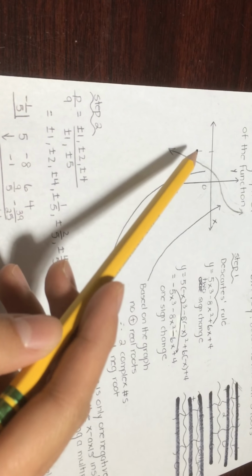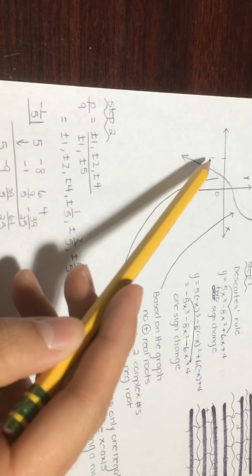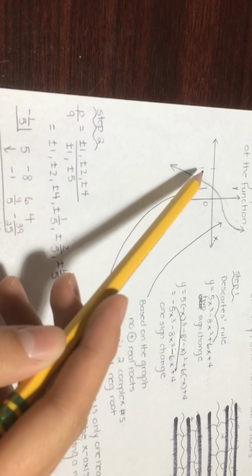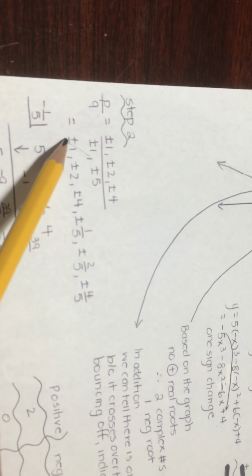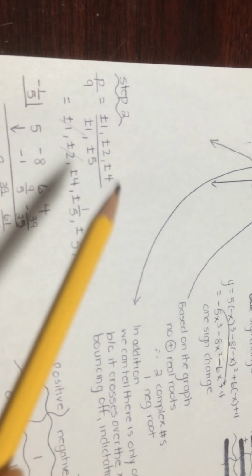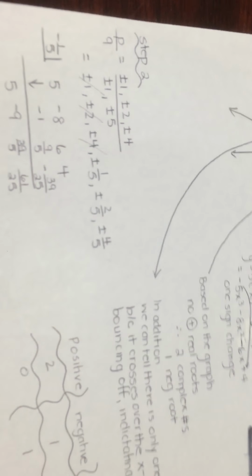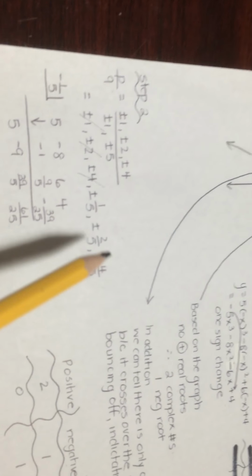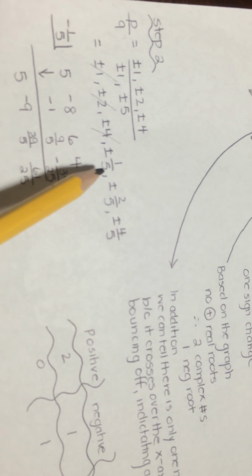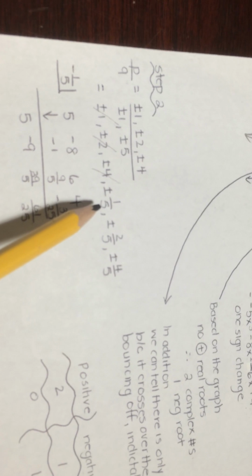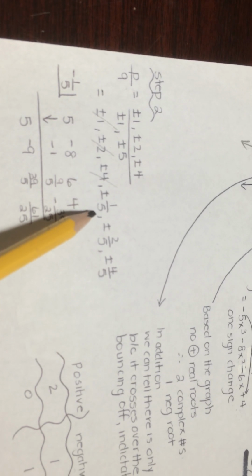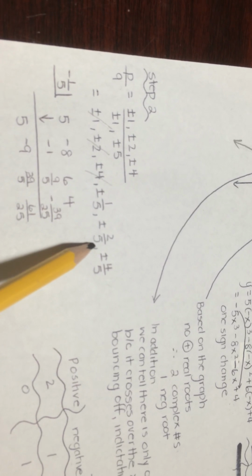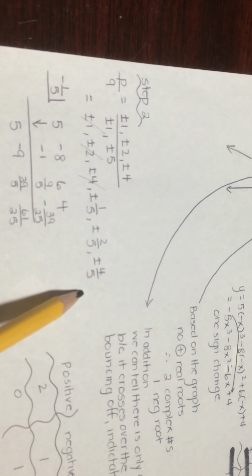Since we know that we are looking for a negative root between 1 and 0, we can cancel out 1, 2 and 4, which means that we are left with three possible roots: negative 1 over 5, negative 2 over 5, and negative 4 over 5.